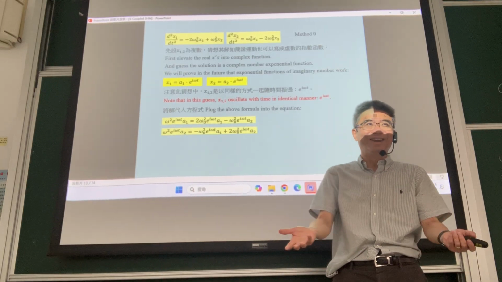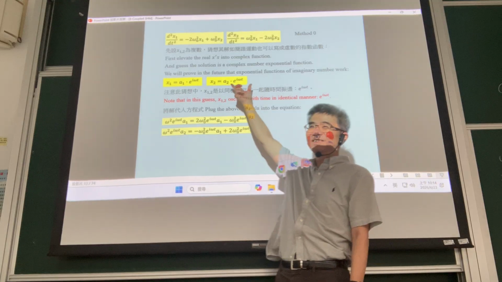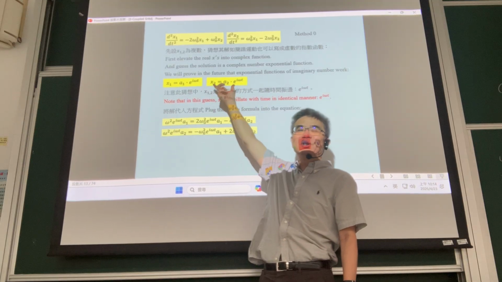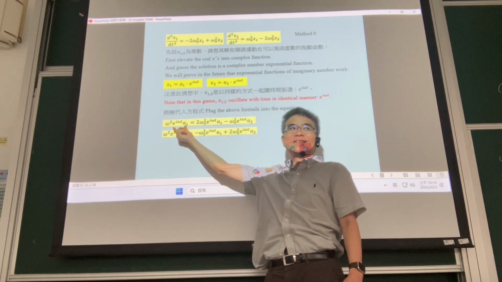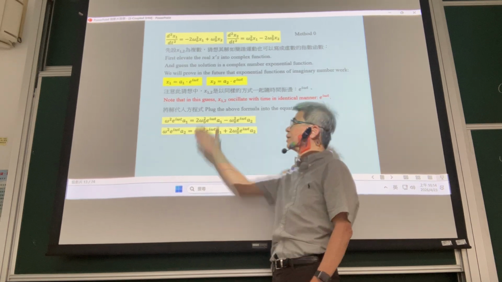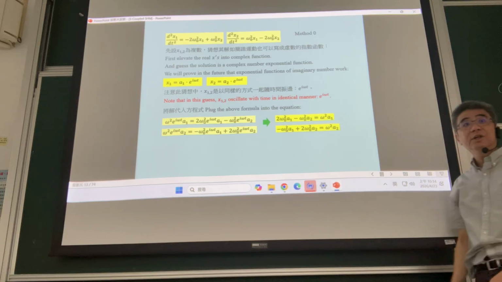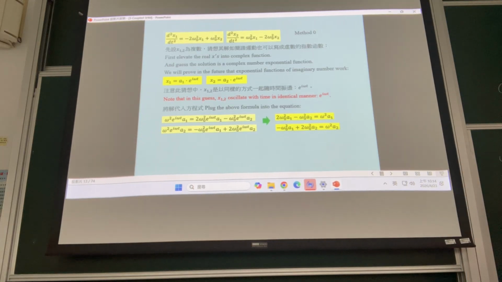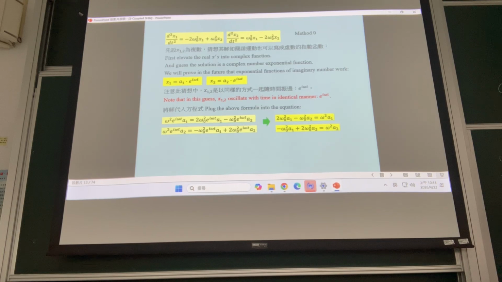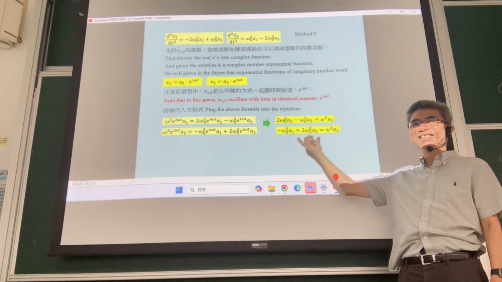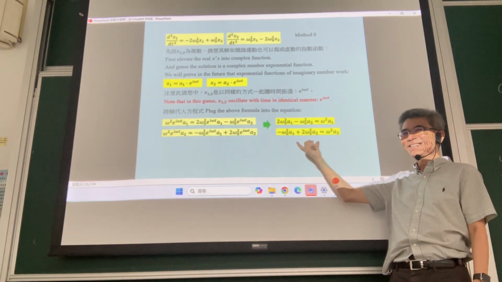It appears everywhere. That's the essence of the guess, because all the differentiations of an exponential function are exponential functions, so it appears everywhere and you can cancel it out. After you cancel it out, the rest are time independent. Do you see the point?